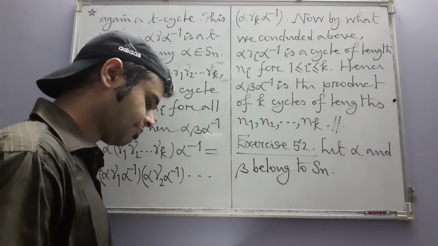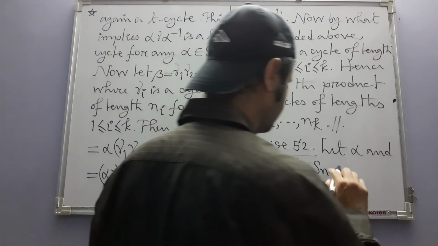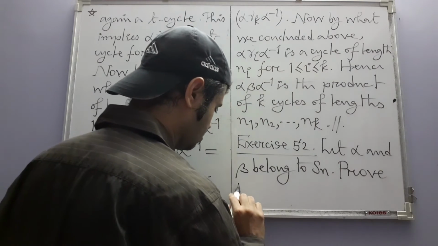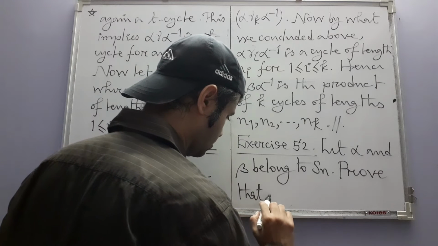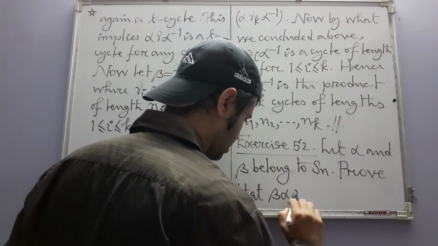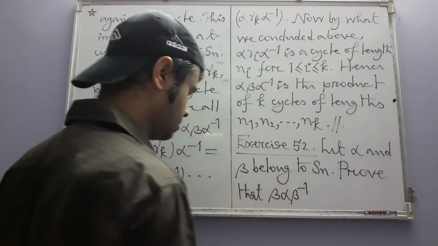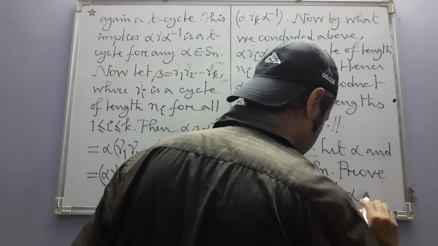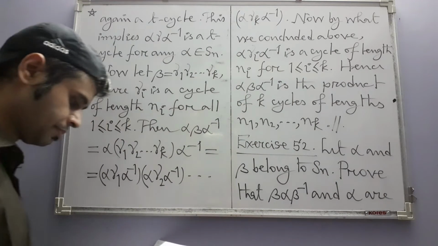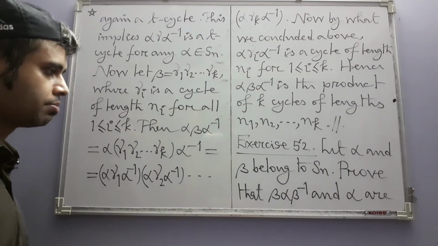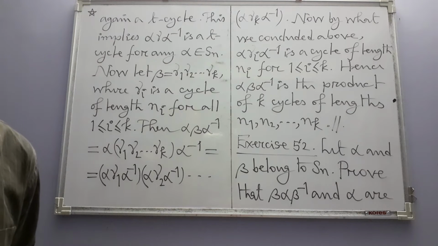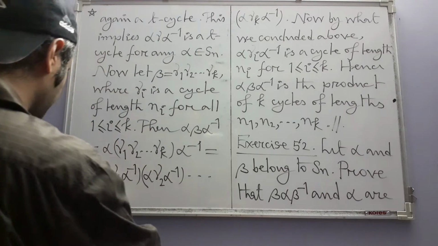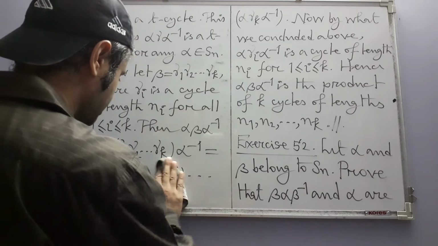Prove that beta alpha beta inverse and alpha are both even or both odd. So they are simultaneously even or simultaneously odd.